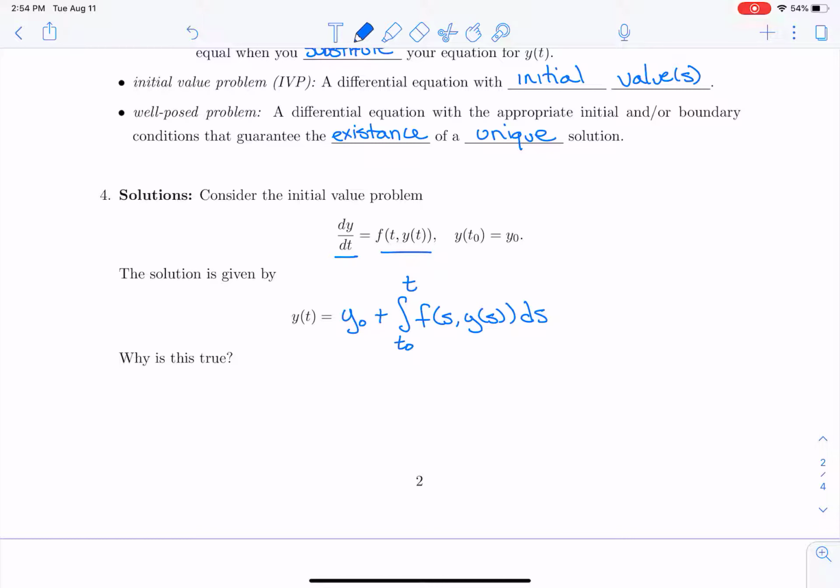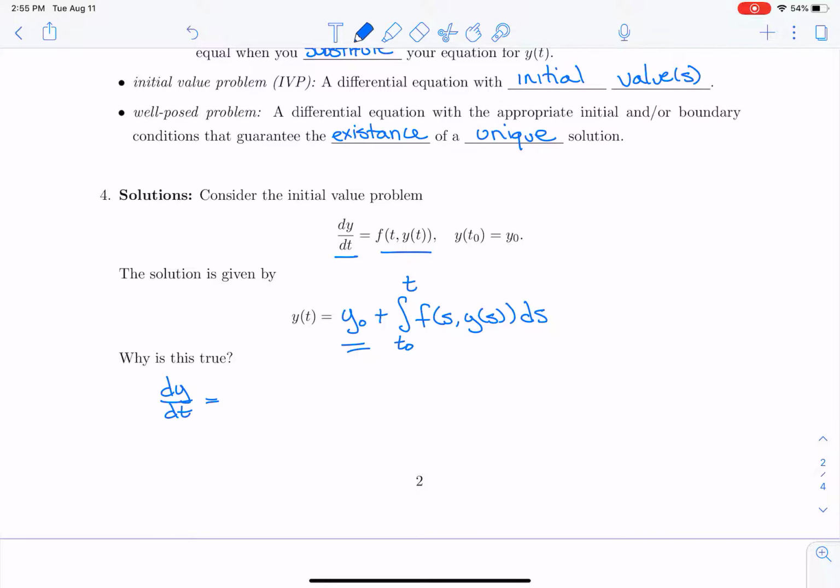Now, why is that true? Well, let's look at what the derivative of y is. The derivative of y, dy/dt, is equal to the derivative of y sub 0, that first term, which is 0. Now we have to take the derivative of that integral. So think back to your calculus class and think about the fundamental theorem of calculus.